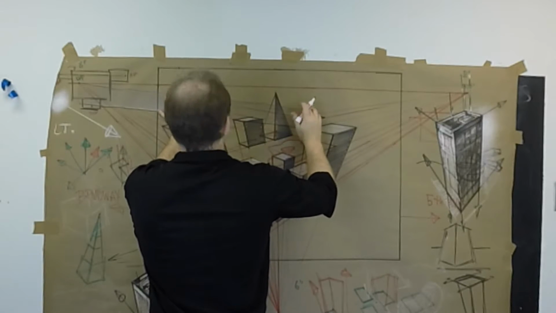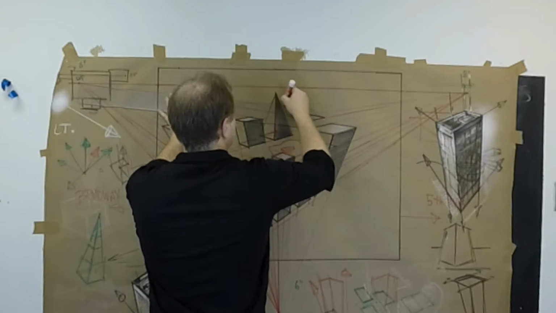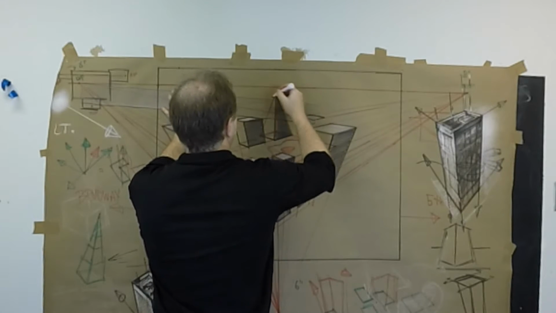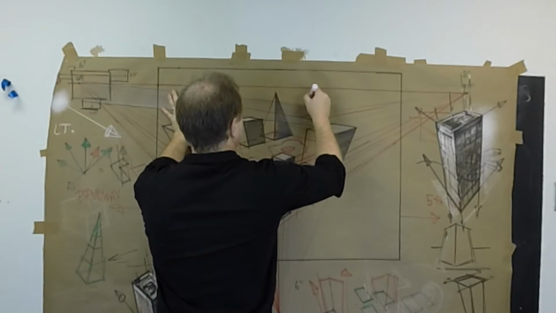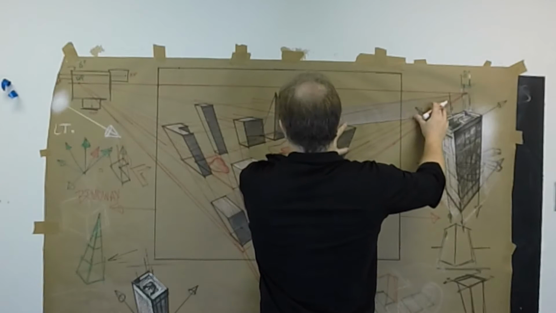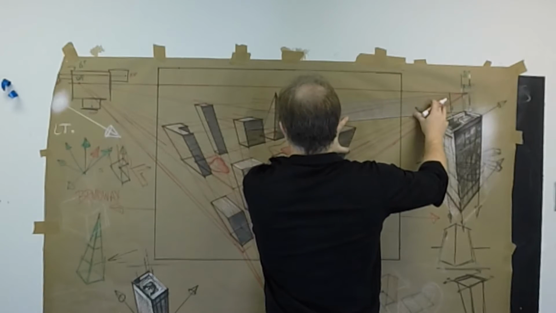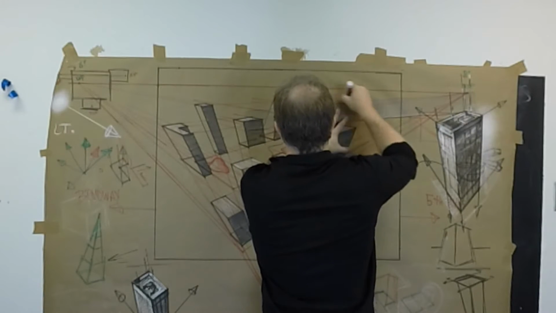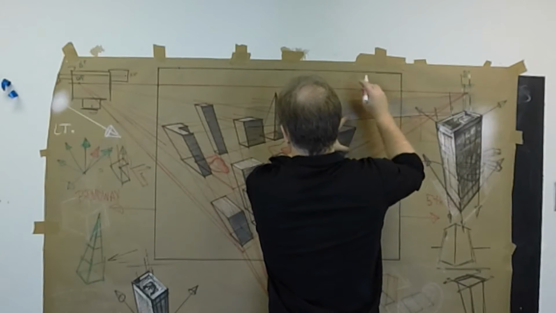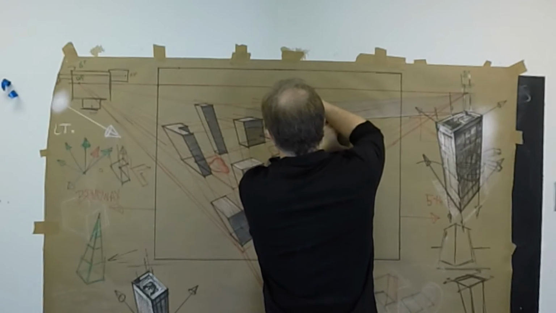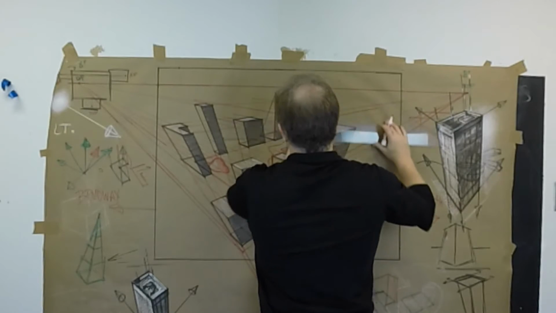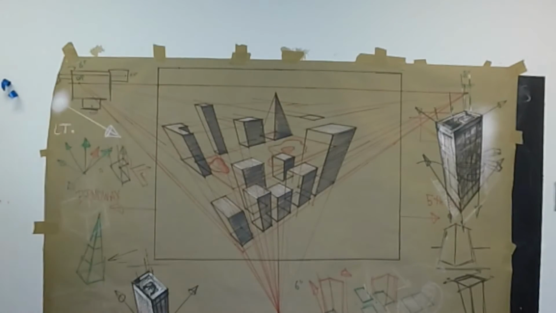Give that a new convergence line through here and over. And I'll project another set of convergence lines here, going back to the right vanishing point, then going back to the left vanishing point through here. So we have that there.